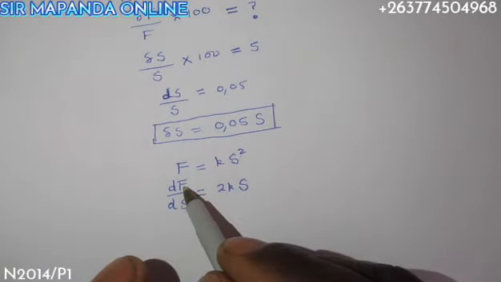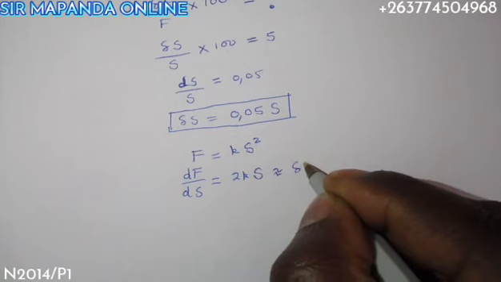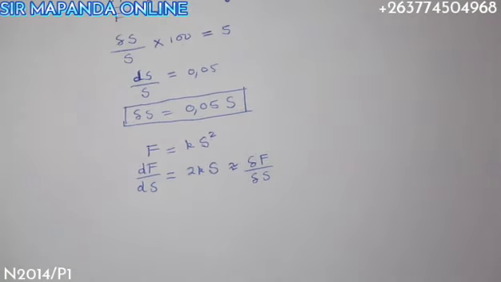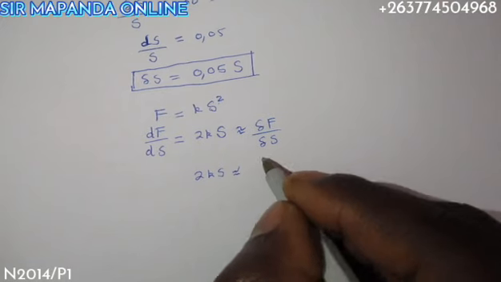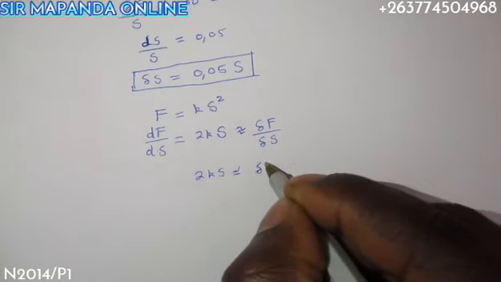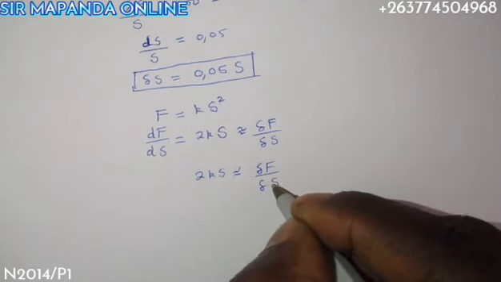Right, so df over ds is approximately equal to delta f over delta s. So I'm going to take 2ks, which is approximately equal to delta f over delta s, something like this.